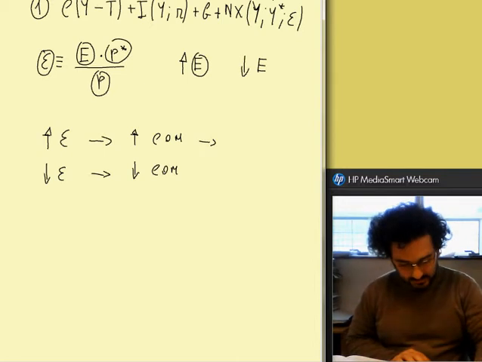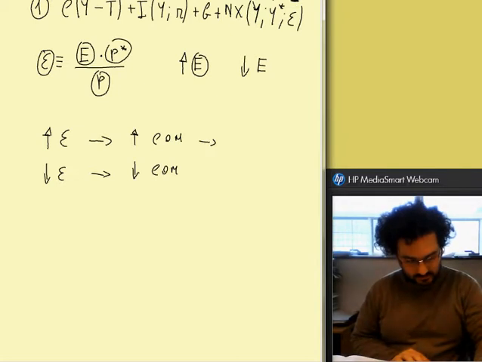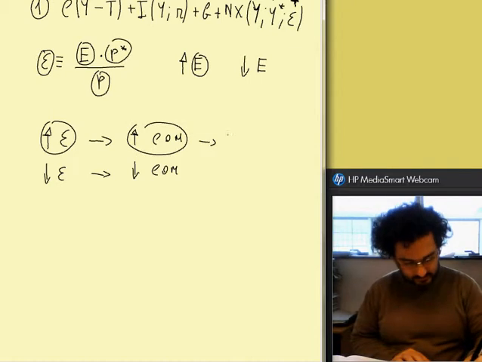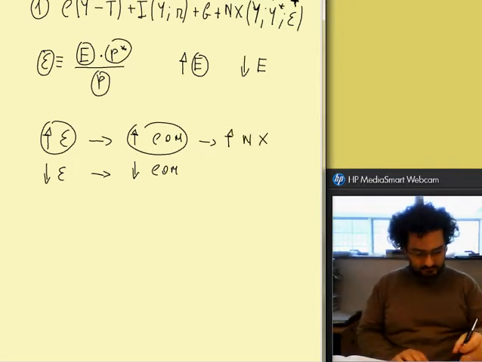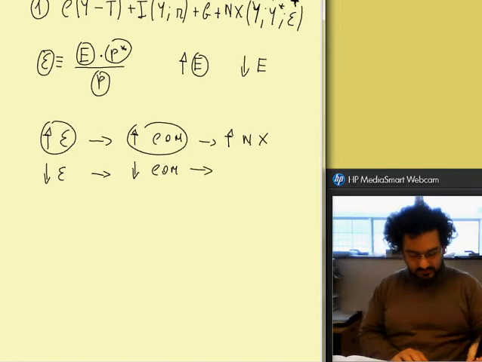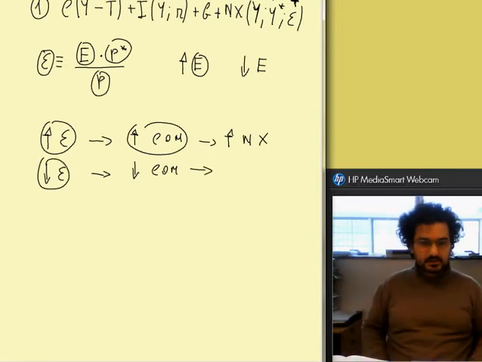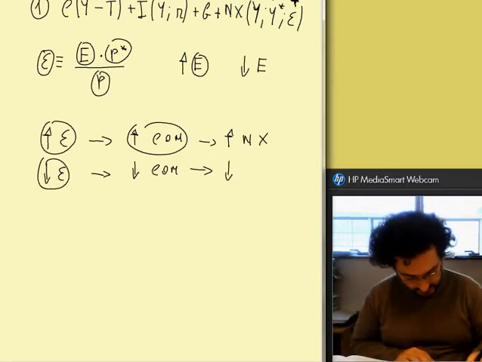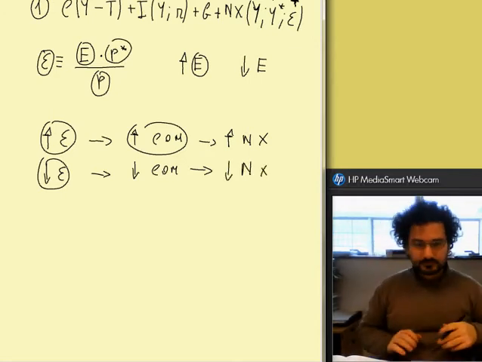So we can put a positive sign here, which means that if we have an increase in epsilon, we have an increase in competitiveness, so an increase in net exports. On the other side, if we have a decrease in epsilon, we have a real appreciation, so a decrease in net exports.